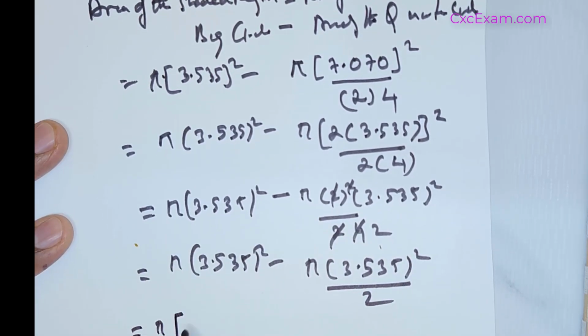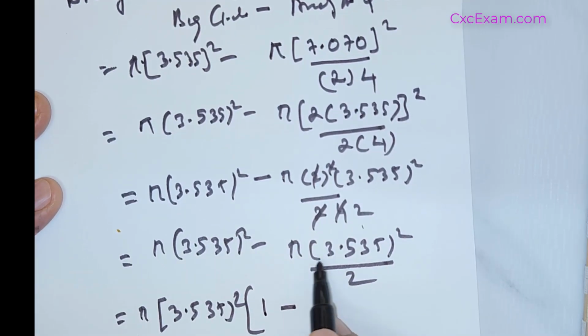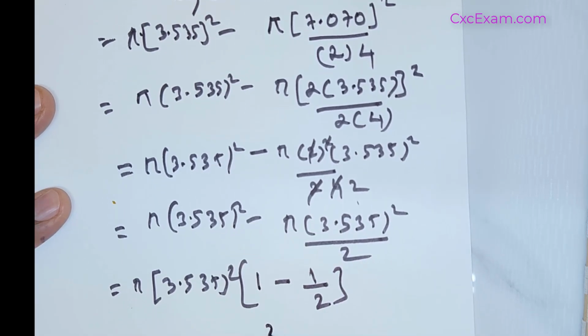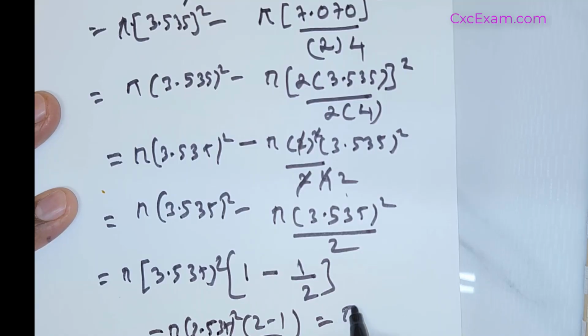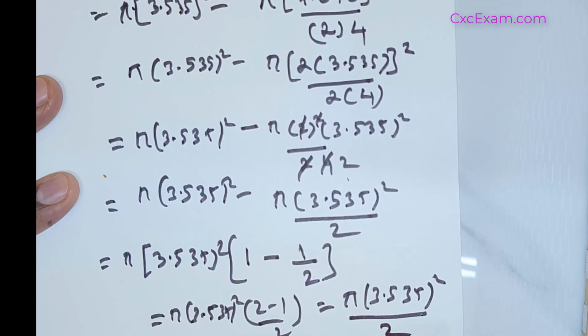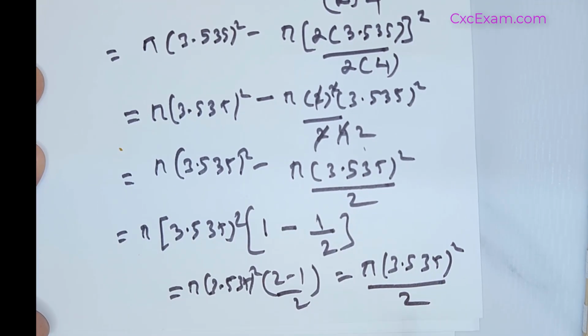So I take pi out, I take 3.535 squared out, I will get 1 negative 1 over 2. So 2 negative 1 divided by 2 times pi times 3.535 squared. So this is going to be pi times 3.535 squared, 2 negative 1 is going to be 1, and that's going to be divided by 2, right?